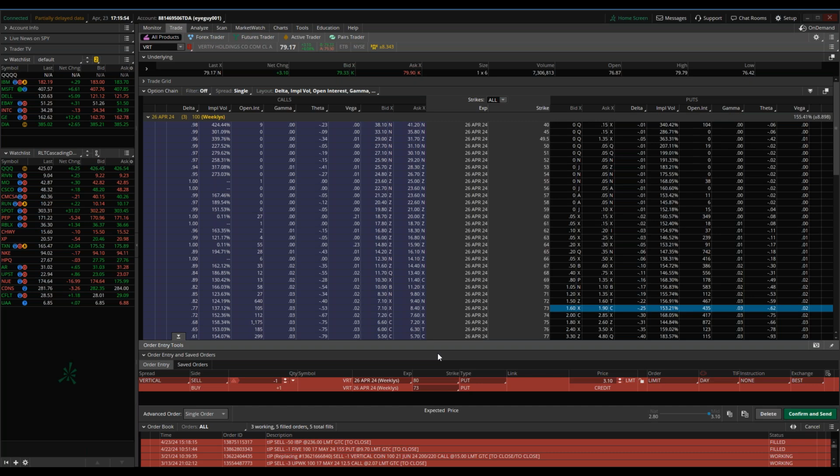So Vertiv would have to come down from about 80 to $76.90 for the trade to blow up. But let me tell you, this is a very volatile stock, and it really can blow up in your face. So you have to be very, very careful with the short dated. I'm not saying you can't do them, I'm just saying, understand the commensurate risk. That's all. If the underlying makes a big move, it's going to blow the option up.